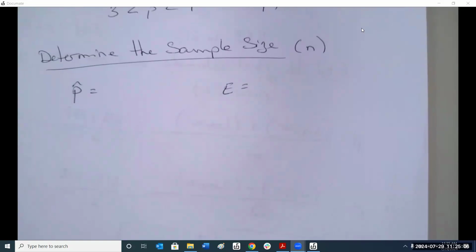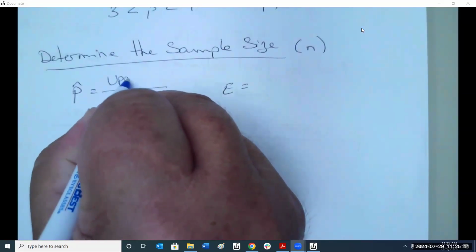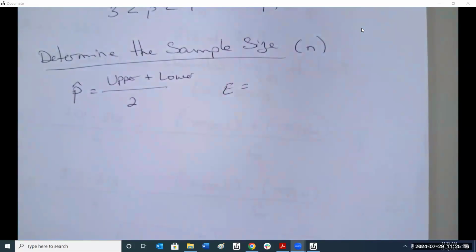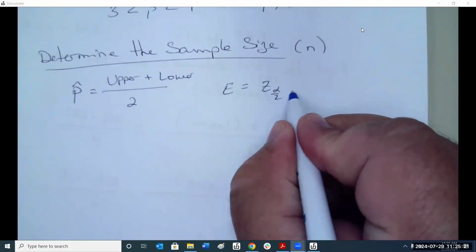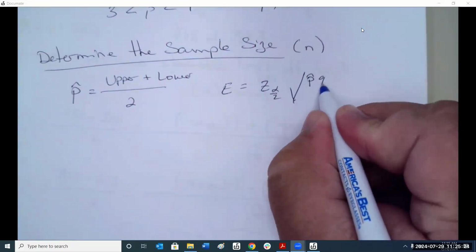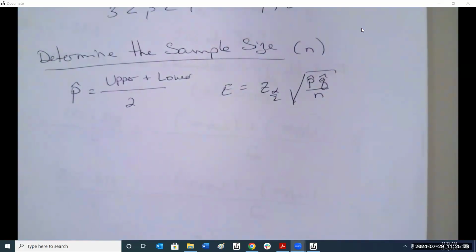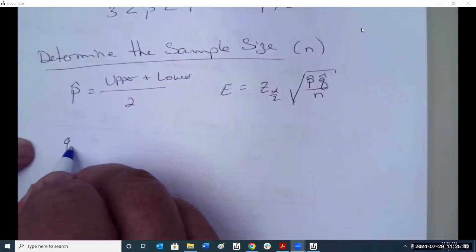Let's look at both of these equations. So what we can do here is, if we have the confidence interval, we can find p hat. How do we find q hat?